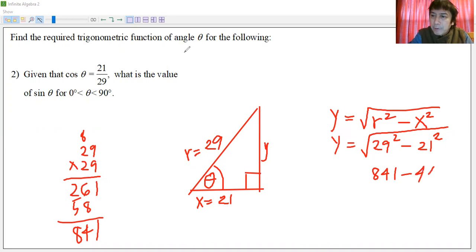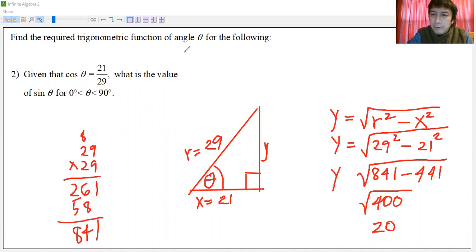So 841 minus 441, that's exactly 400. And we have the square root of 400, which is 20. So the value of y is 20.